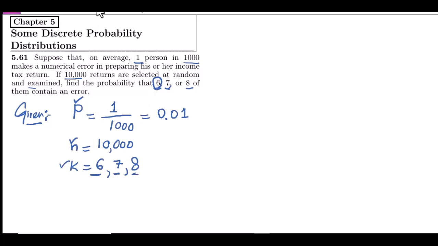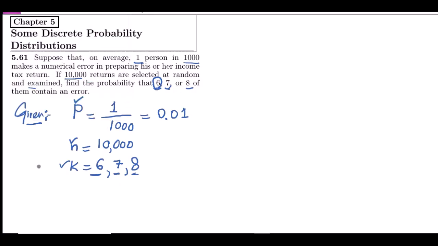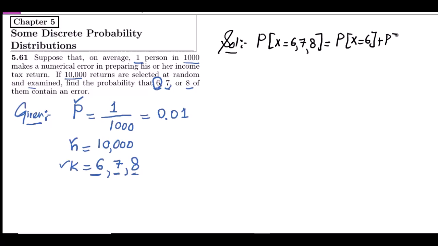If I want to find the probability that x is 6, 7 or 8, I have to find the probability that x is equal to 6 or x is equal to 7 or x is equal to 8.